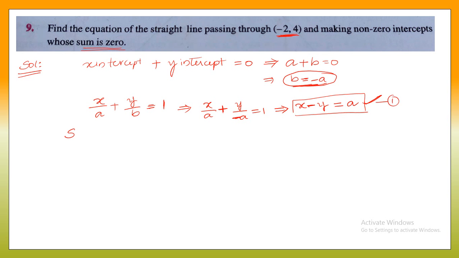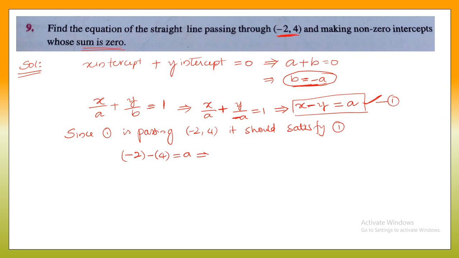Let this be equation number 1. Since equation 1 is passing through (-2, 4), it should satisfy equation 1. So directly I substitute x value as -2 and y value as 4, and it is equal to a.